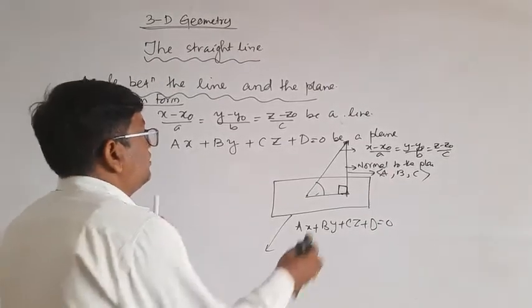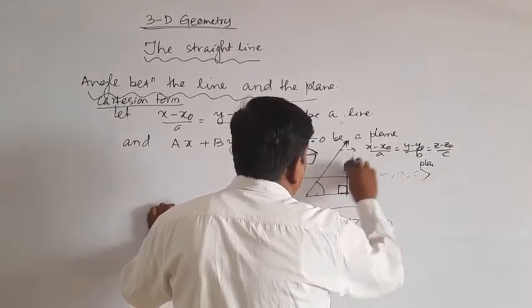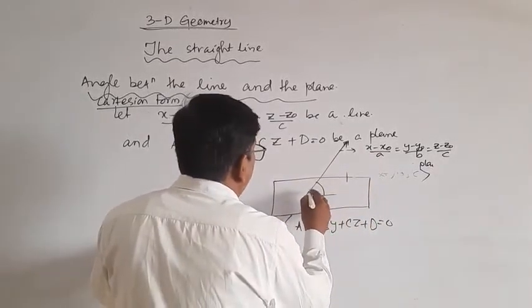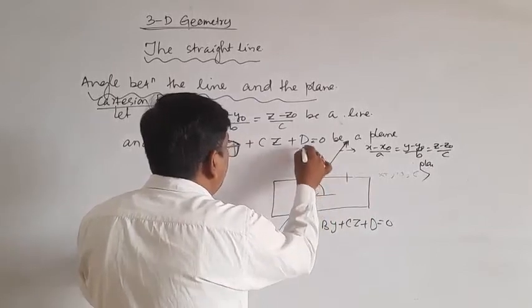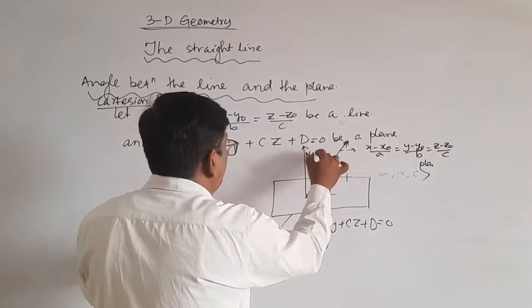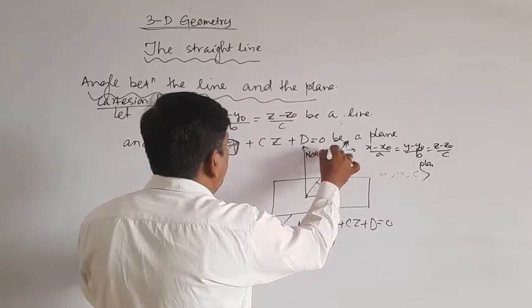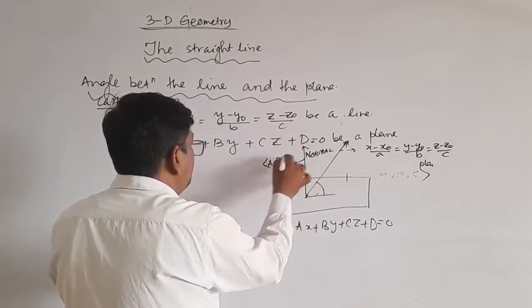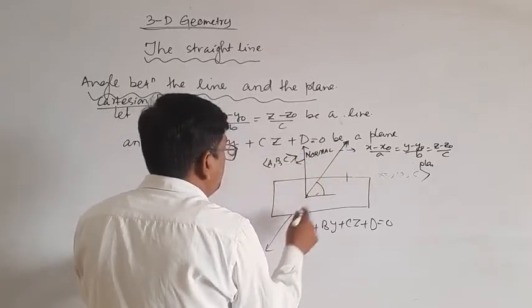Suppose this is the line, and this is the normal, whose DCs are A, B, C. Suppose this is theta, and this is 90 minus theta. So we know the angle between two lines.